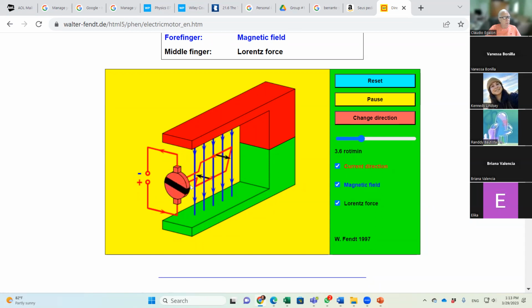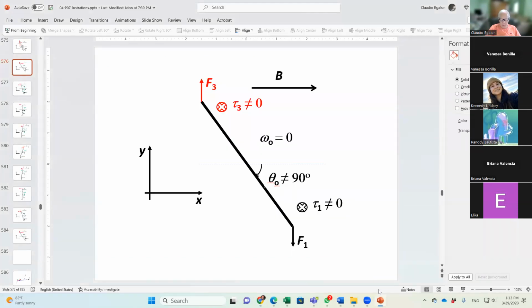So that's the idea of the electric motor. If you don't invert the current, the loop is just going to keep on oscillating back and forth like my simulation shows here. So here you go, we now can tell this story of the electric motor.